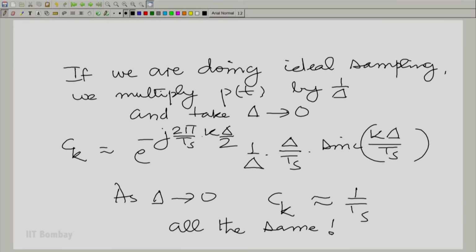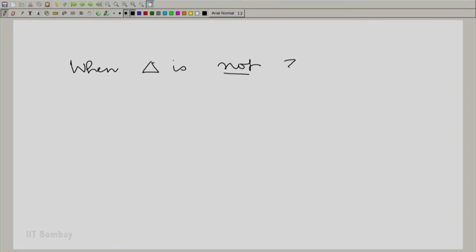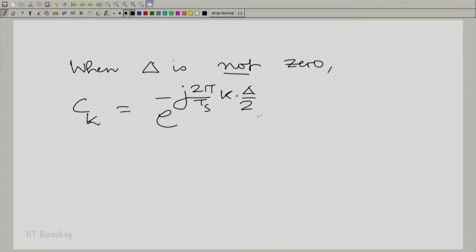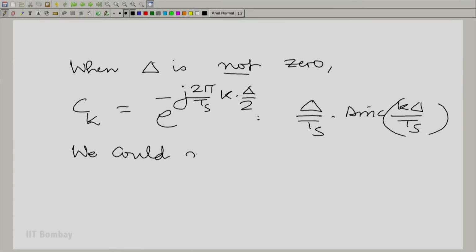But now take the situation where delta is not 0, we have intentionally kept delta not 0. What is the situation? Ck is of the form e raised to the power j 2 pi by Ts times k delta by 2, and of course, instead of multiplying by 1 by delta, well, we could actually multiply by 1 by delta here too, if you want to keep the area the same.